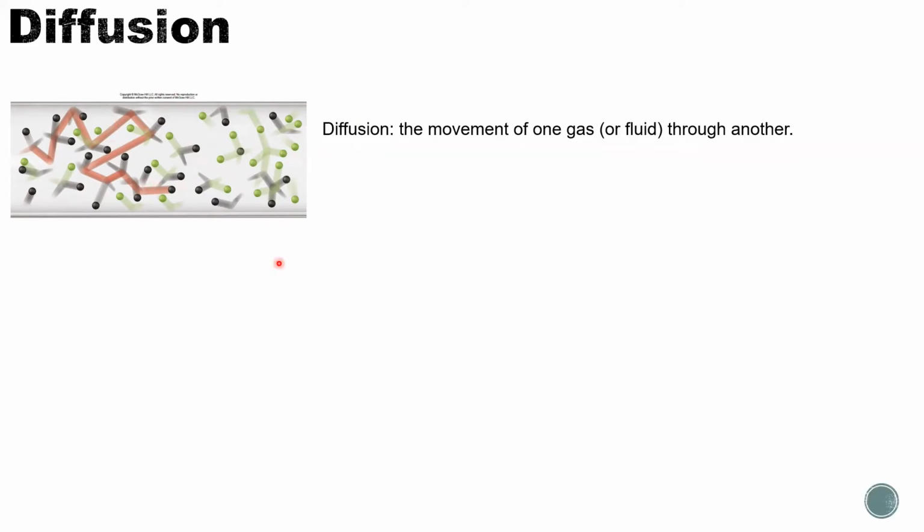Diffusion also follows Graham's law of diffusion. So the laws of diffusion and effusion are very similar. The rate of diffusion is also inversely proportional to the square root of molar mass. If you look at this expression, you may feel like the rate of diffusion and the rate of effusion are probably the same because the expressions are the same.